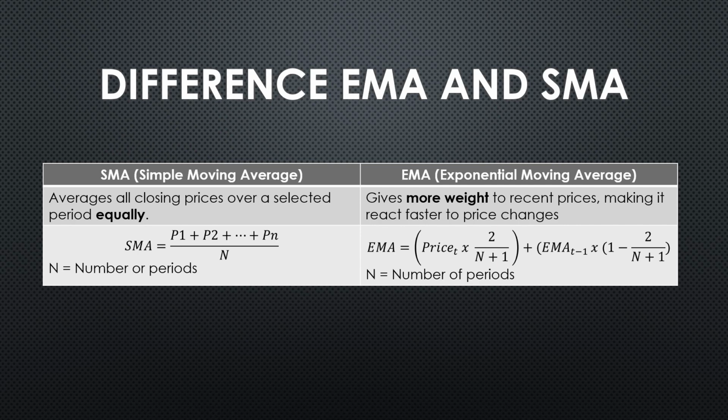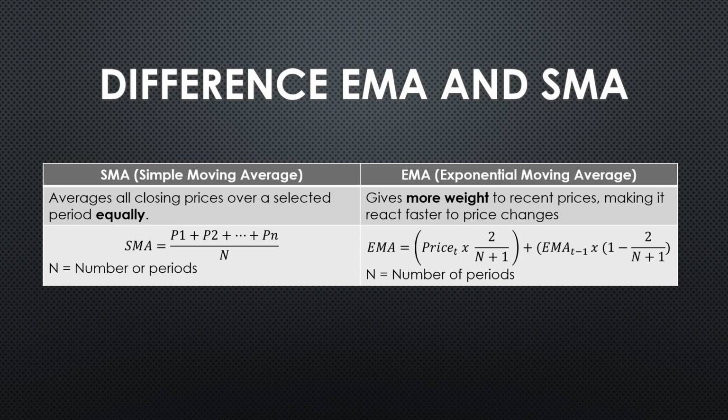So first of all, I think it's very important to understand the differences between the EMA and the SMA. As you will hear a lot of people say, I use EMA or I use SMAs. An SMA is a simple moving average, while an EMA is an exponential moving average.